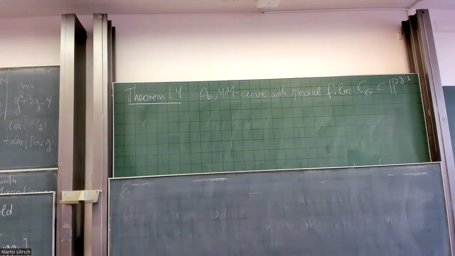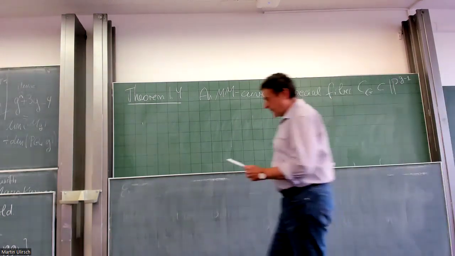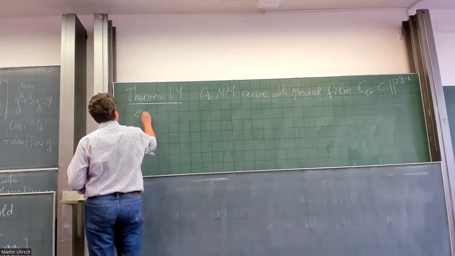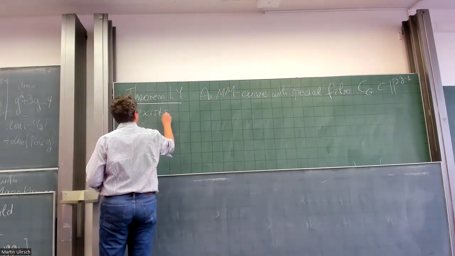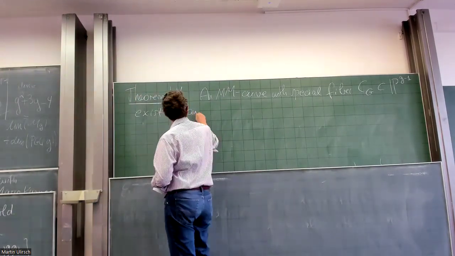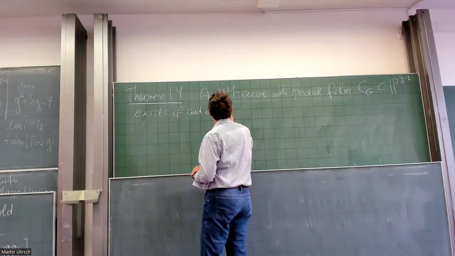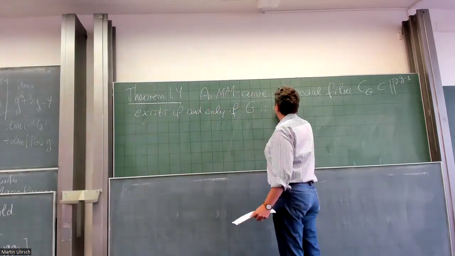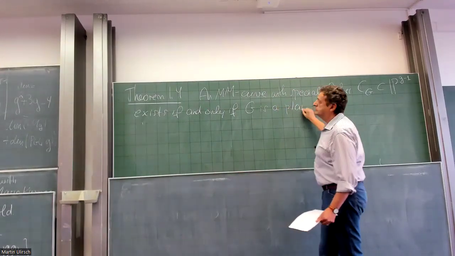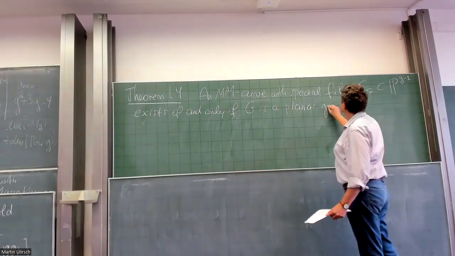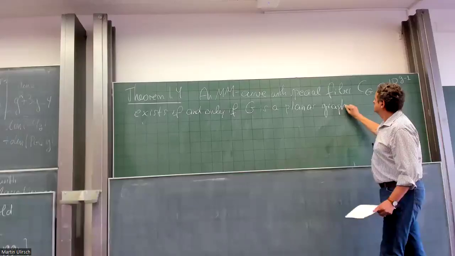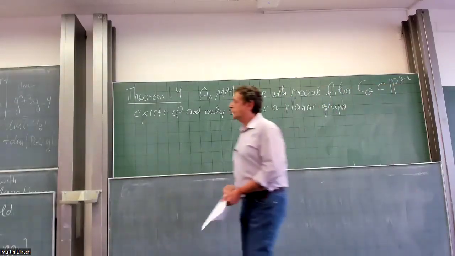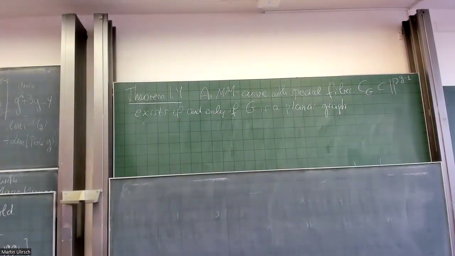So an MM curve with this special fiber exists if and only if G is a planar graph. So it's the maximality condition that fails.